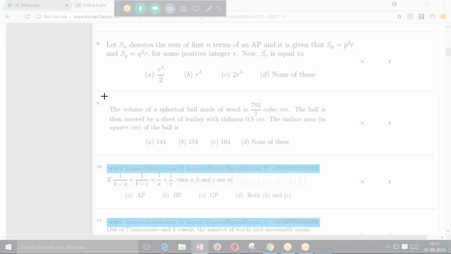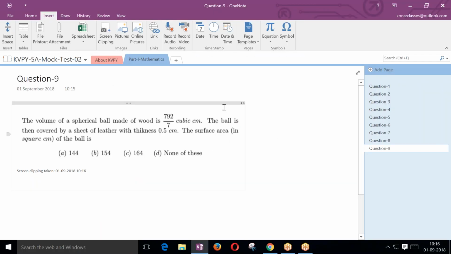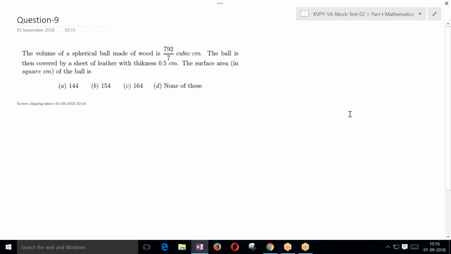The volume of a spherical ball made of wood is 792/7 cubic centimeter.